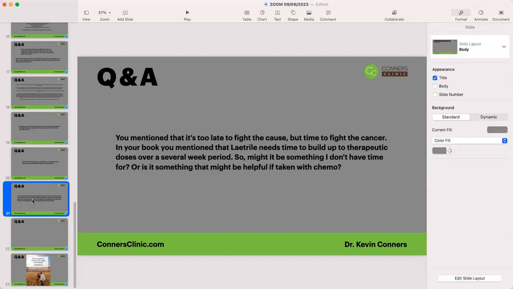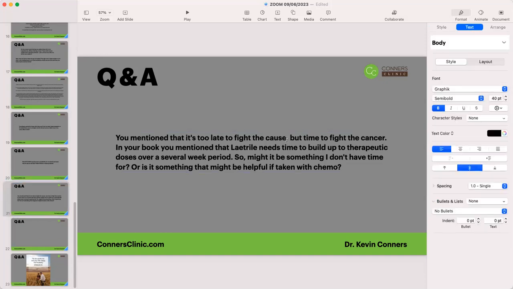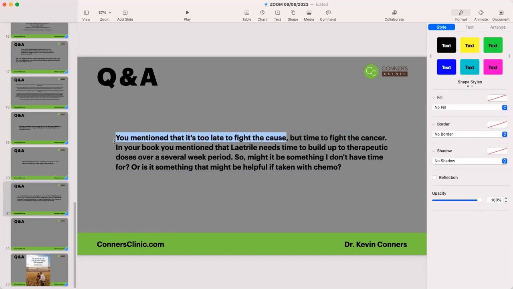So you mentioned that it's too late to fight the cause, but time to fight the cancer. Let's make sure we understand. It's never too late to deal with the cause. So let's say the cause of my cancer was a toxicity.